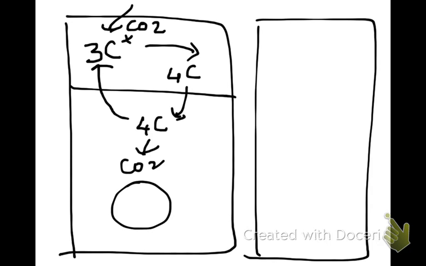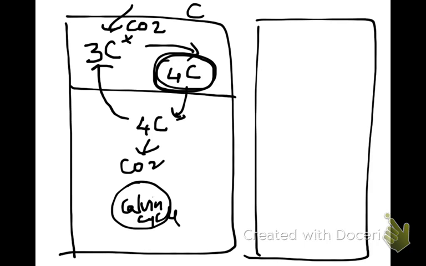And this is in the Calvin cycle. So in this particular case, the first stable product that is formed is a 4-carbon compound, and that is the reason the plants that follow this system are called C4 plants. An example of this is sugarcane.